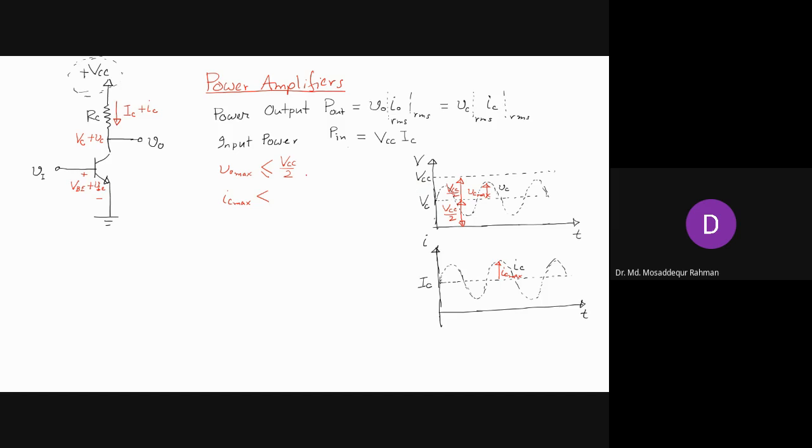So IC max should be less than or equal to our collector current IC. So the maximum value for V naught max is half of VCC, and the maximum value of IC max is IC.